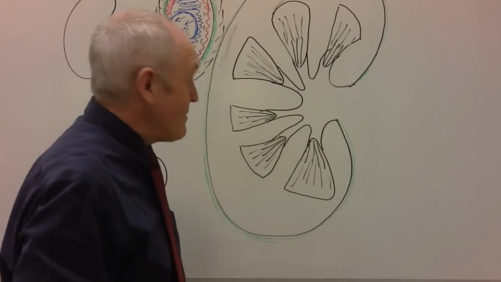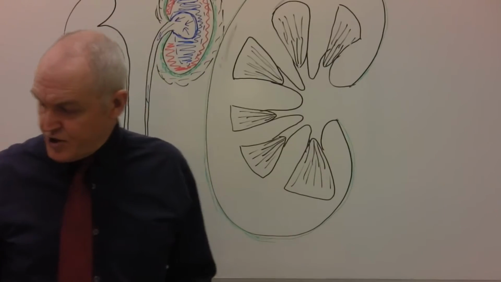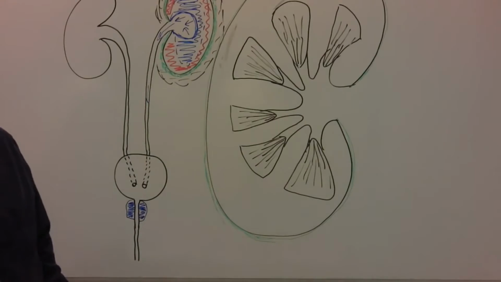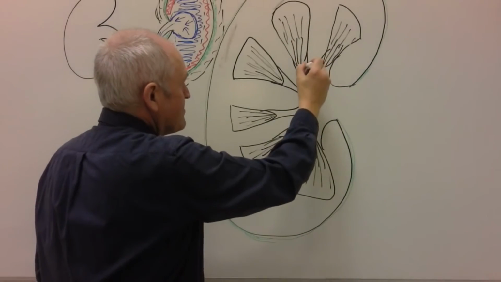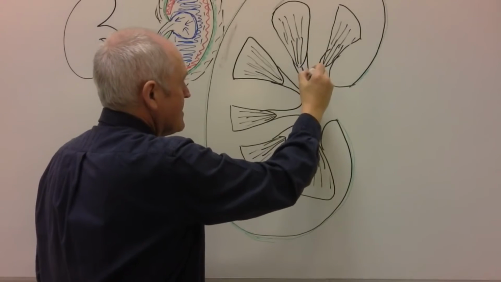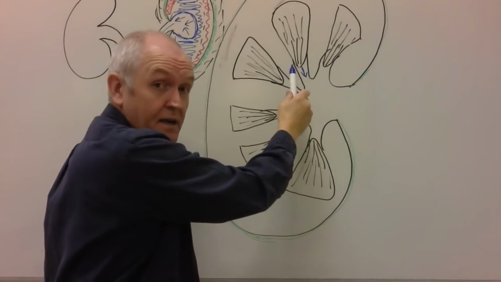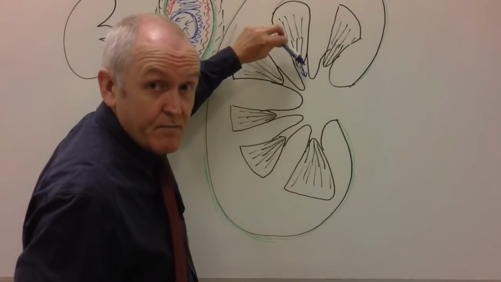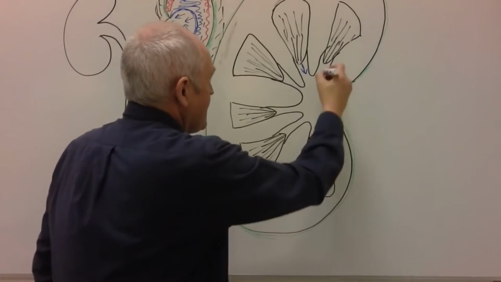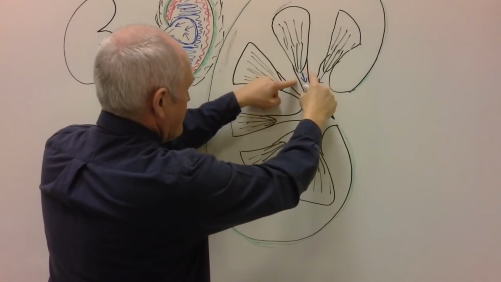So I think you can see now what we have is a series of tubes, an internal tubular structure within the kidney. So when the urine's formed, it comes down the papillary ducts, out of the papillae of the medulla, at the apex of the medullary pyramids, and it passes into these now tube-like structures.